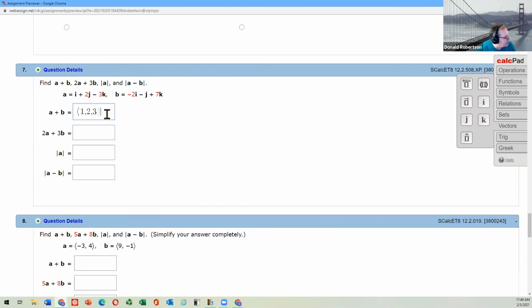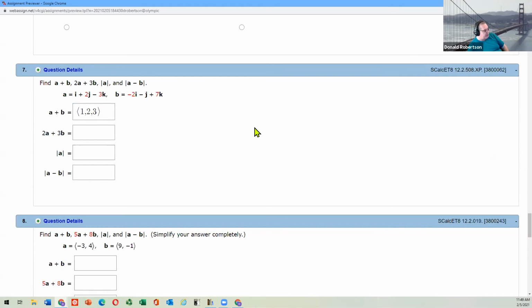But if it's not happy with that, won't you have to do 1i plus 2j plus 3k, if that's what it was, right? I hope it allows both notations, because if it does, me personally, I would do all my answers using that notation because I make fewer mistakes when I do that.